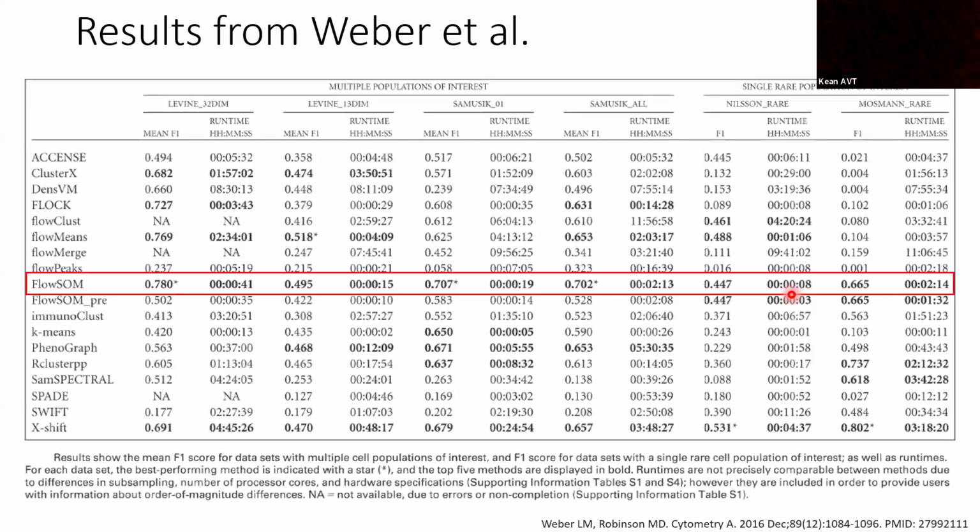So what were the results of that? In terms of all these clustering algorithms, one algorithm kind of stood out, which was FlowSOM, both in terms of accuracy and in terms of speed. And there have been other reviews since then that have confirmed that FlowSOM is a very, very powerful and fast algorithm.